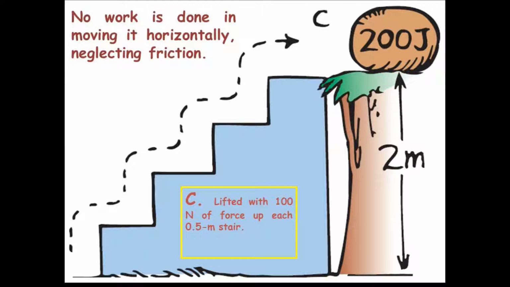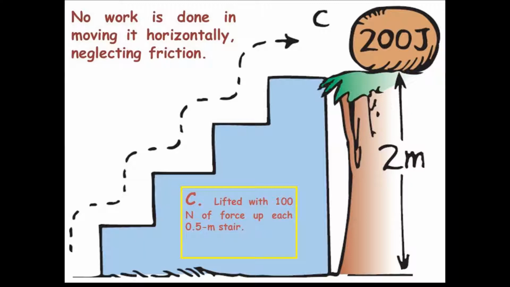It'll be 200 joules. No work is done moving it horizontally, neglecting friction, of course. So I have the stairs broken up, and so it's going to be 100 newtons force up 0.5 meter stairs, and that will ultimately equal 200 joules.